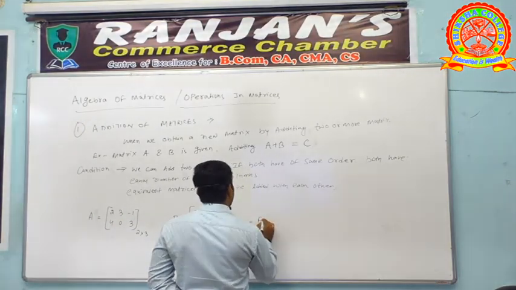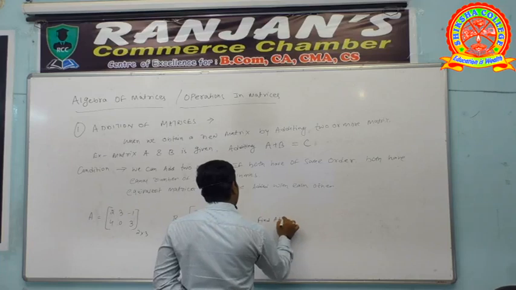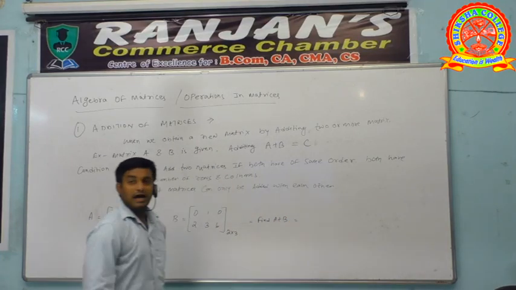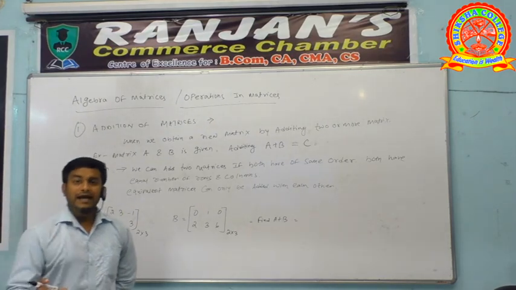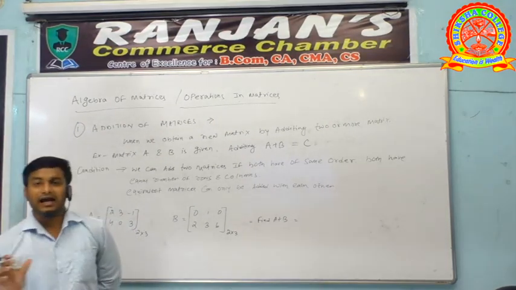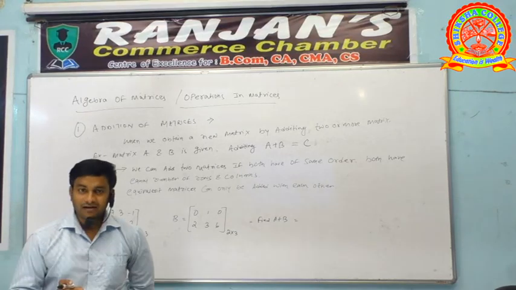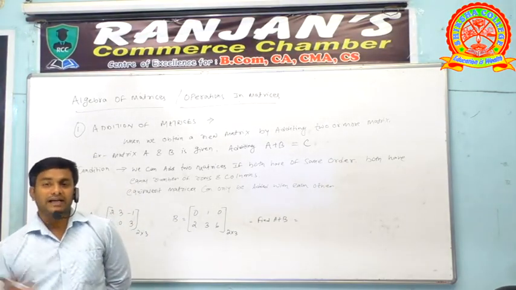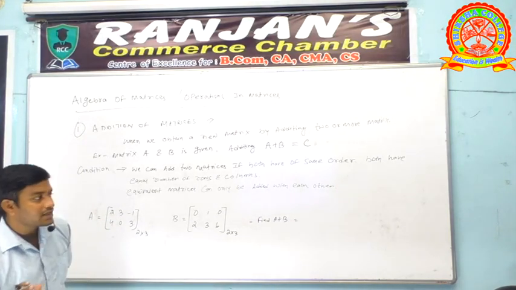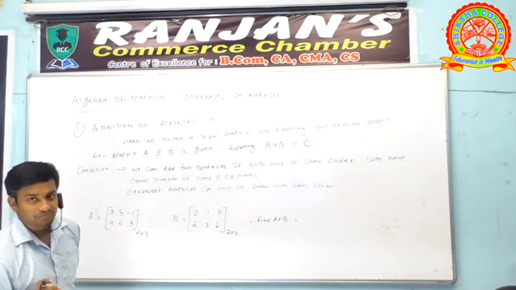If we are asked to find A plus B, it is very simple. We add the corresponding elements of the two matrices. Corresponding element means the position.